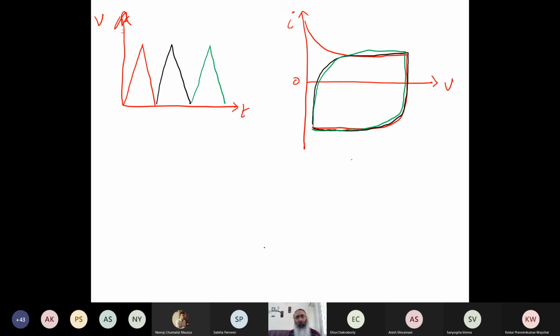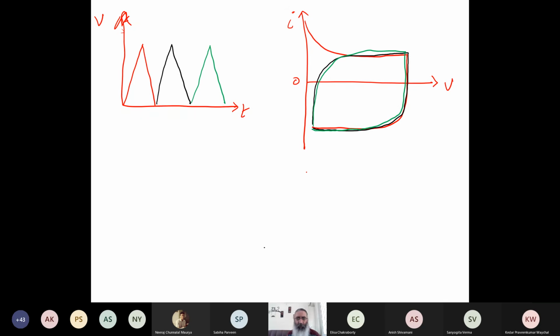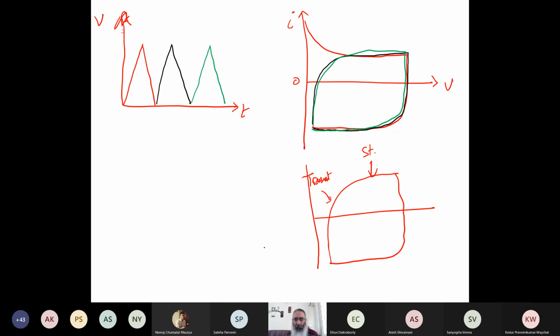So then what I get is, if I take the response of the system beyond the first cycle, I always get behavior which is going to be like this, where this represents the transient part, and this represents the steady state part.